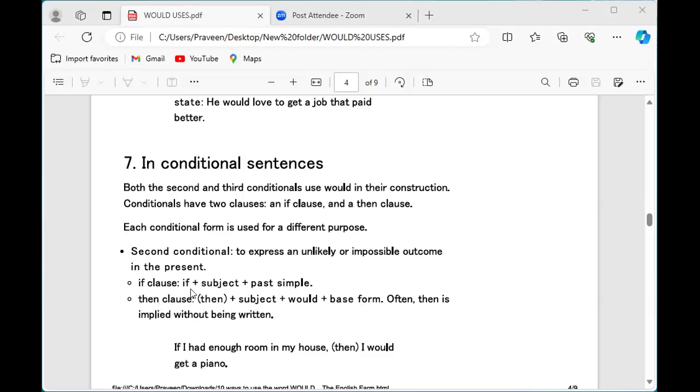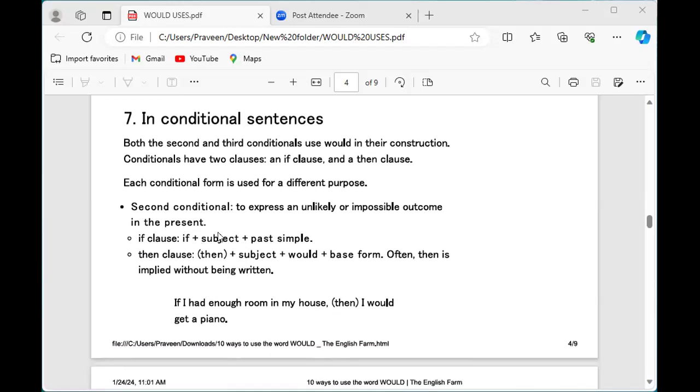If clause: if plus subject plus past simple, then plus subject plus would plus base form. Often then is implied without being written.